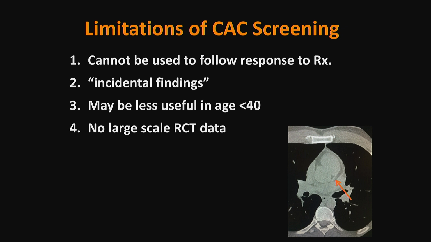For example, it would be unethical to take patients that have a severe amount of plaque and we know have a high risk and randomize them to treatment versus no treatment. Similarly, if one were to design a trial comparing the use of calcium scoring to our prevention guidelines, that trial would be very challenging to do, as the current 2013 statin guidelines essentially dramatically expanded the role of statins.